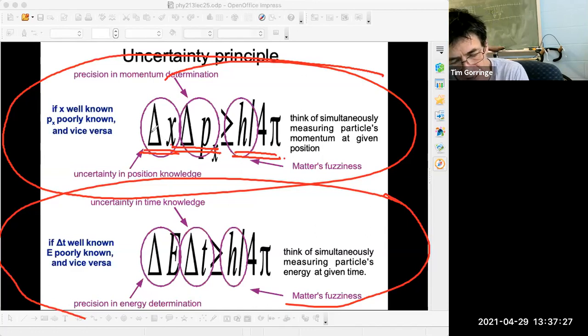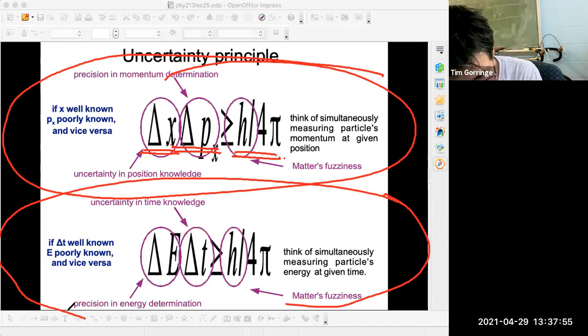And so those are examples of the position, momentum, uncertainty principle. And again, it's kind of reflecting matter's wave-like properties, matter's fuzziness. That you can't know everything about that water wave, and you can't know everything about this matter wave. There's limits on how well you can state its position and momentum.